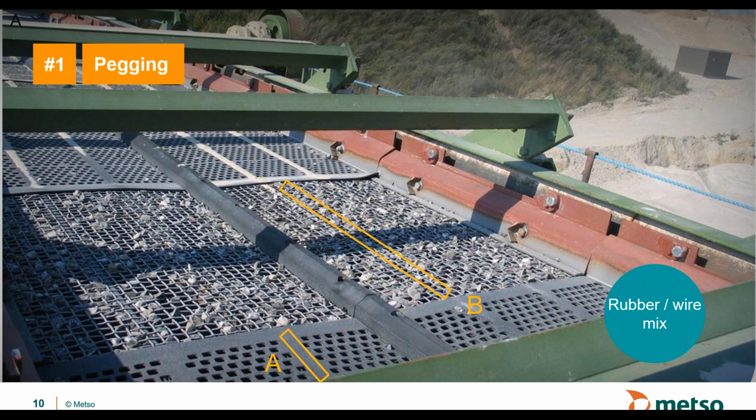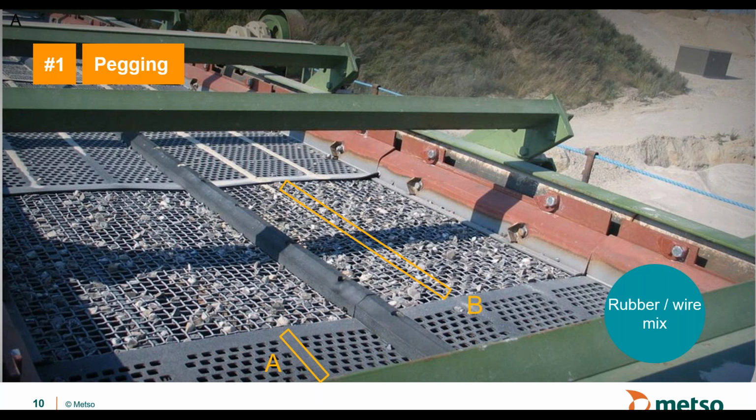If you compare that to the rubber cloth, where you look at area A, you can see the area on top of the same support is blanked out, there are no openings on top of the support, and therefore no pegging in connection with the support. So that's one explanation for the difference that you see here.